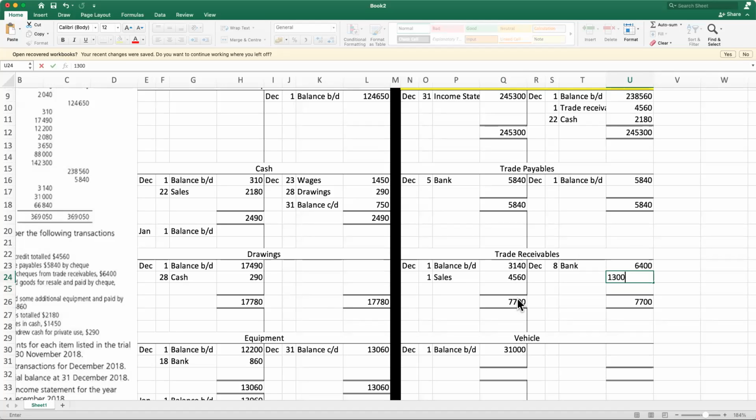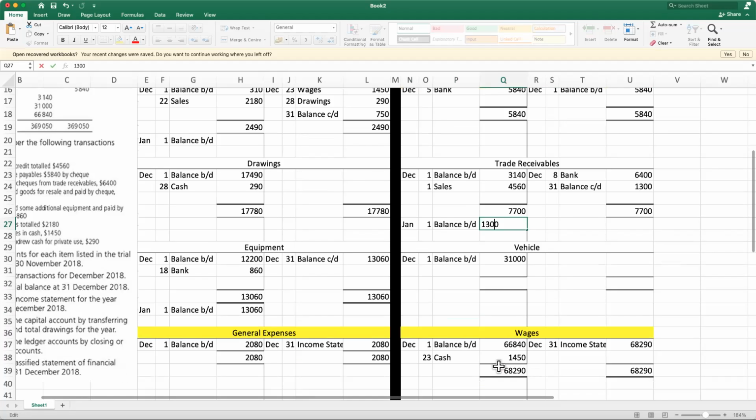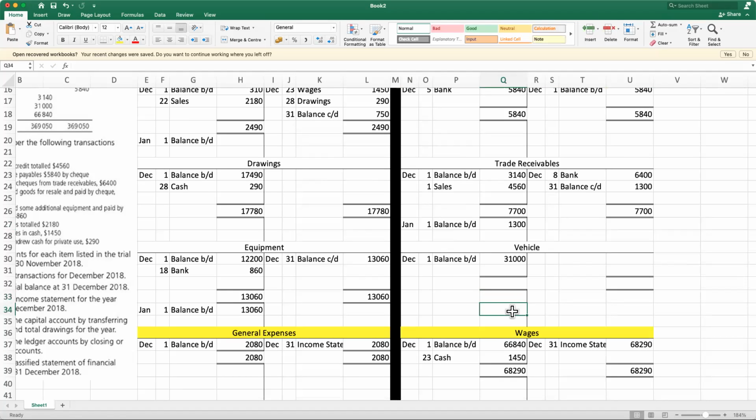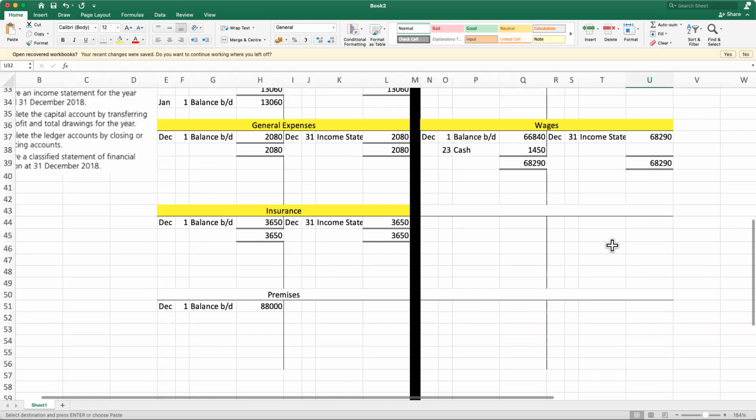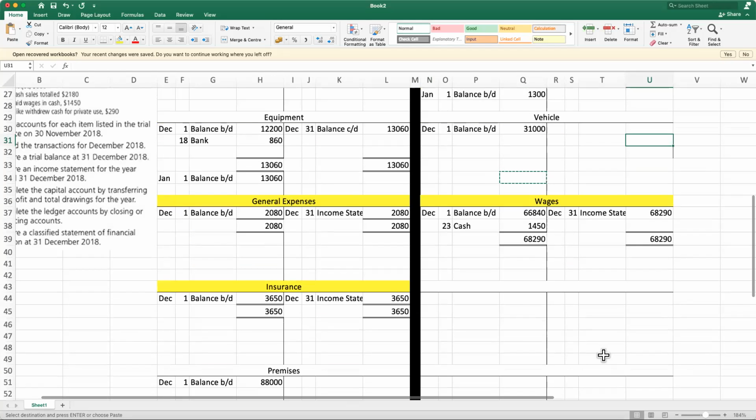This is my balance carried down. 31st December, 1st of January, balance brought down. Okay, vehicle is the same as premises. There's nothing to be done because there are no transactions here. And then everything is done.